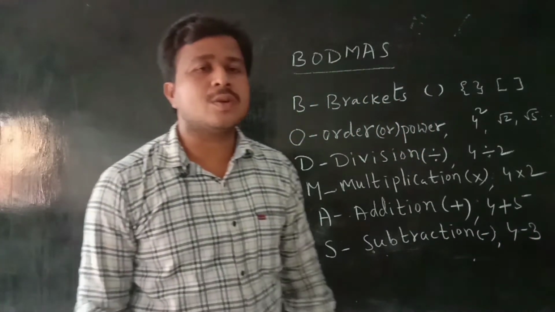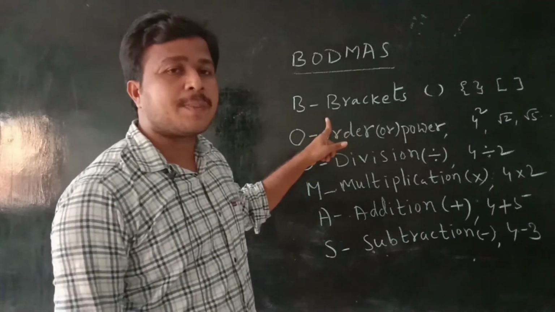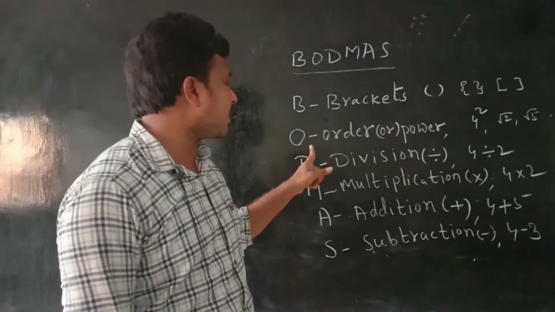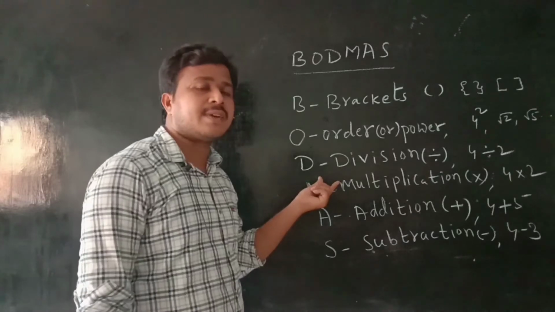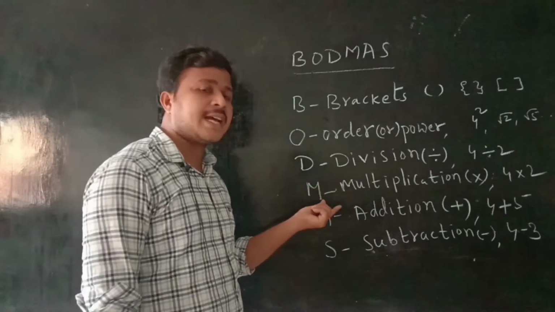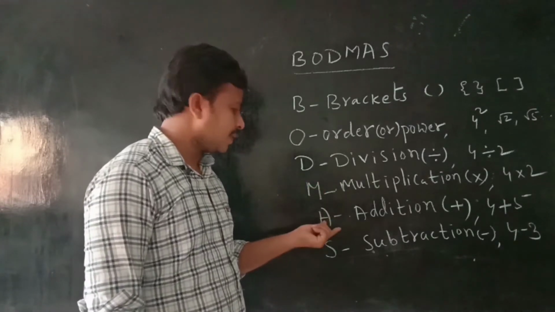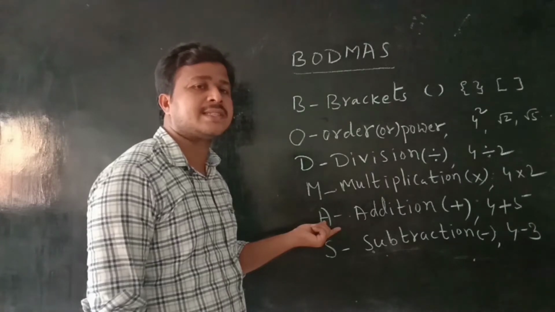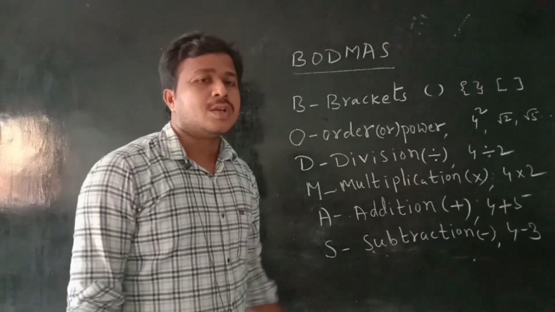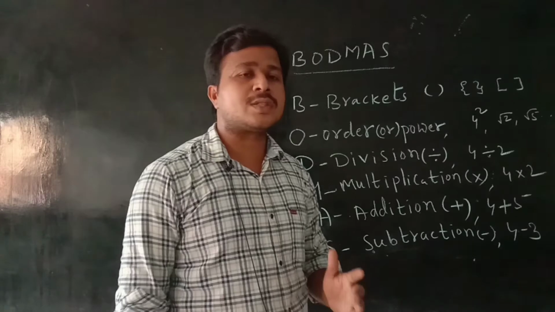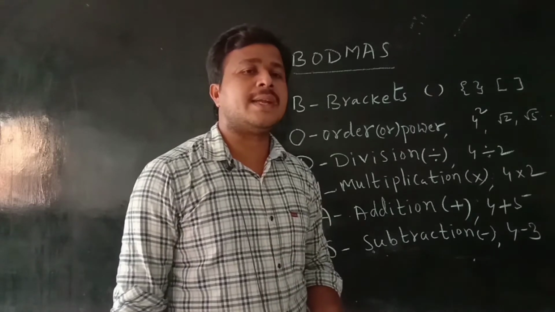So in the BODMAS rule, B stands for brackets, O stands for order, D stands for division, M stands for multiplication, A stands for addition and S stands for subtraction. So the BODMAS rule helps us to solve arithmetic expressions.